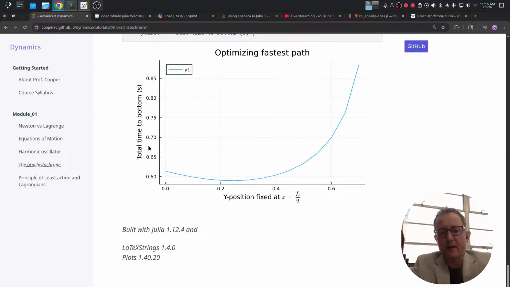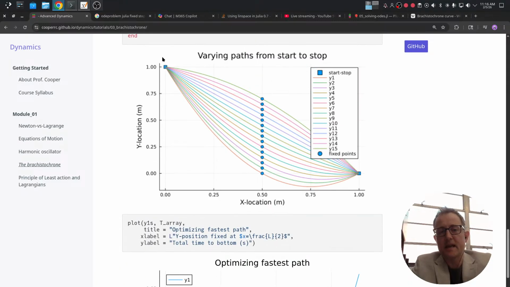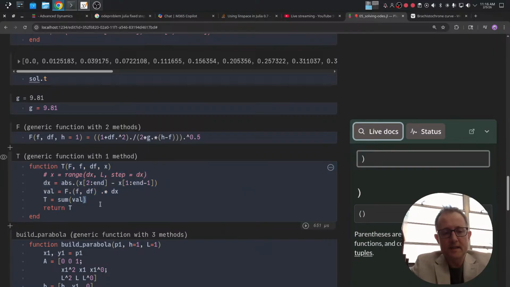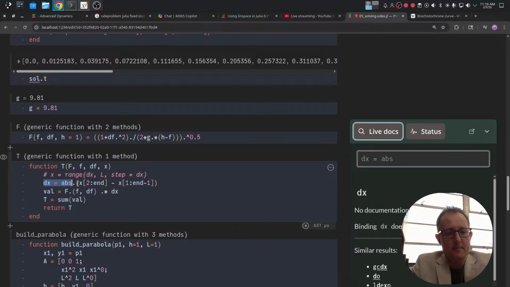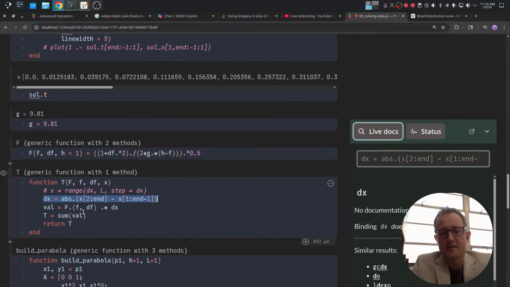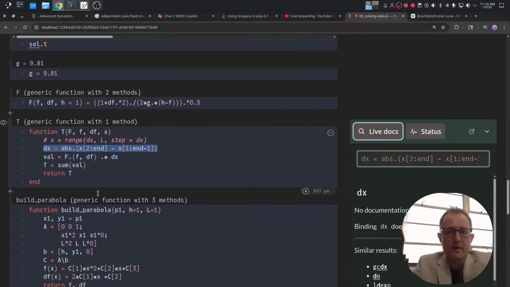I can figure out the total time to the bottom because I have all the points in here. So I'm using the same function. It's a little different this time because I'm using finite values. I don't have an actual function, so I can't say f of x. I have to just grab the actual values f and df, which I get from my numerical integration.